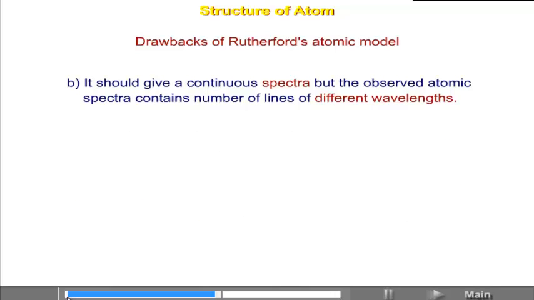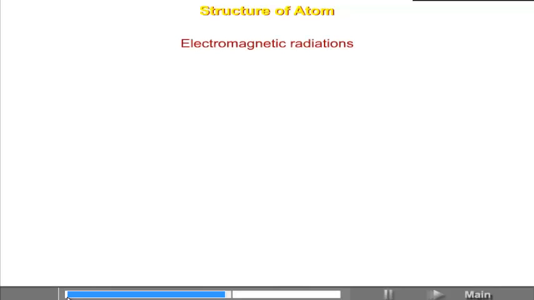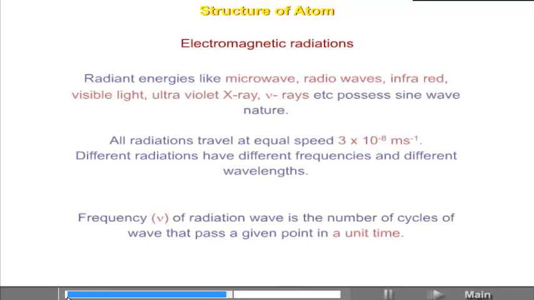Second one, it should give a continuous spectrum, but the observed atomic spectrum contains a number of lines of different wavelengths. Electromagnetic radiations.